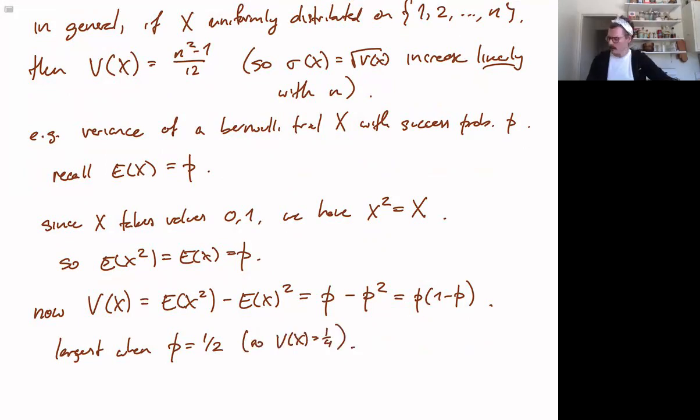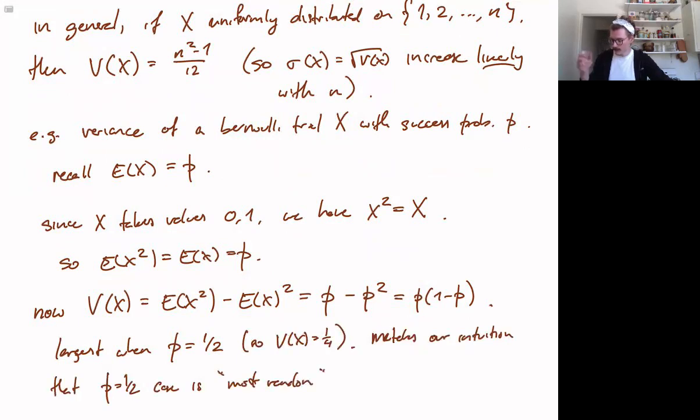And this should sort of match some kind of intuition. That the p equals 1/2 case is somehow the most random. Because, for example, if p is bigger than 1/2, then you can expect to see heads maybe more often than tails.